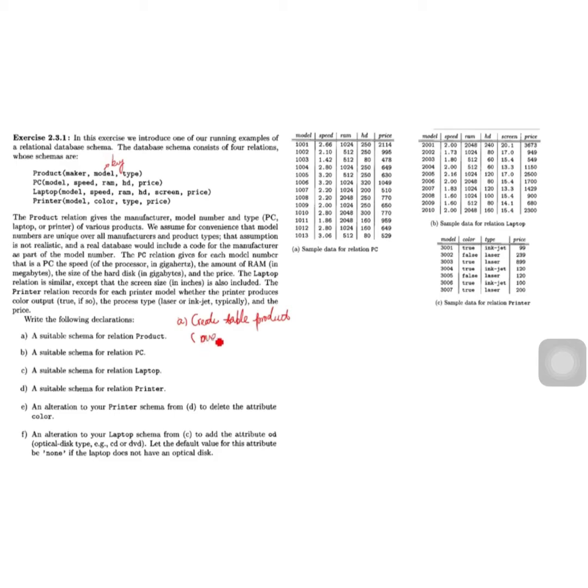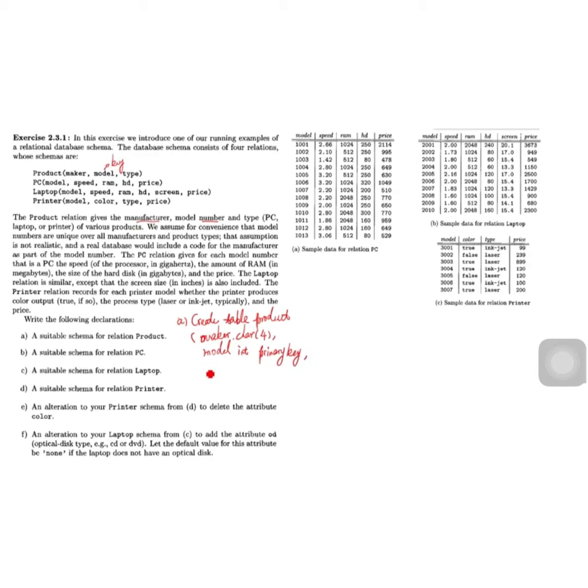Maker: because maker is the name of a factory, we'll use char. Model is a number, so we'll use int. And because model is the key, we'll write primary key here.